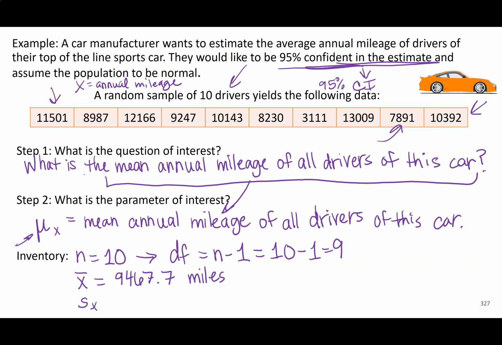And then my standard deviation for this sample, once again I threw this in R as well, is 2,788.301 miles. So this would be the inventory that I'm looking for. I'm going to need this moving forward.